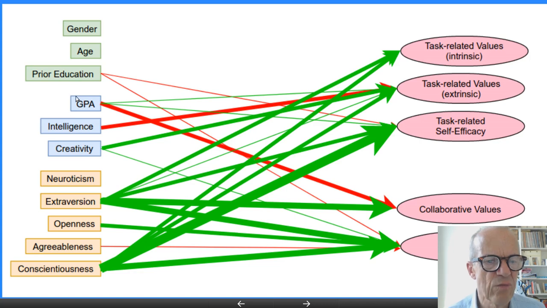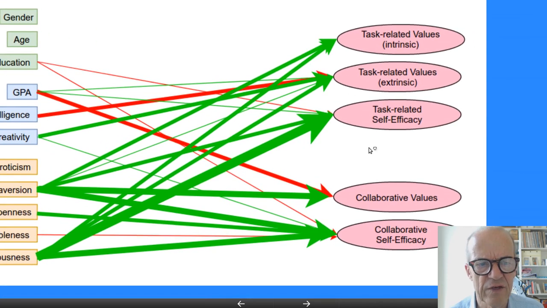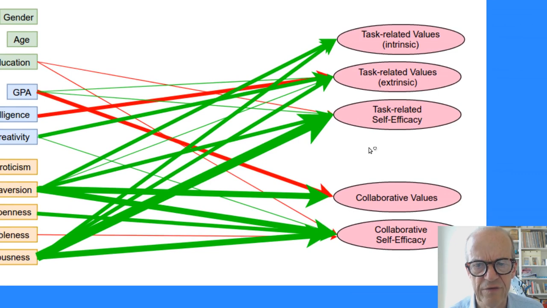Okay, then we have the cognitive variables. So grade point average and intelligence exerted some negative influence on task-related values, extrinsic values, and collaborative values.